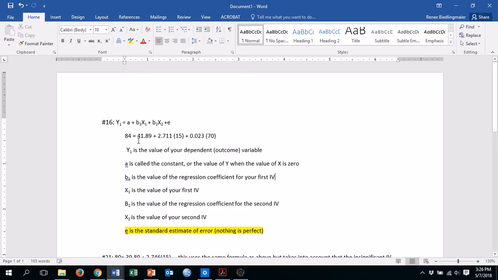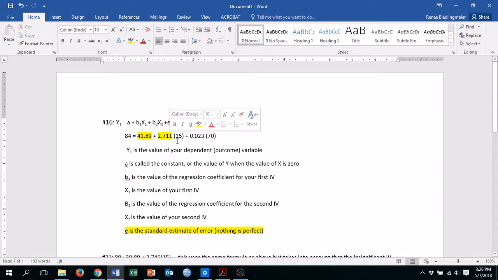If you look at the 41.89, that is the constant. Your constant is the value of y, your outcome variable, when the value of x, your independent variable, is 0. Then you have the 2.711, and that is your beta coefficient for your variable, in this case, age.